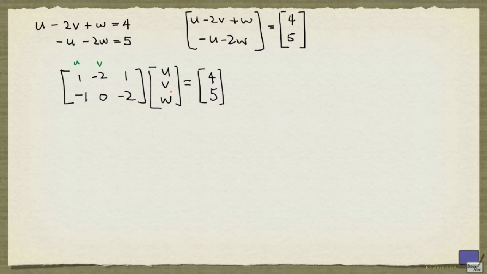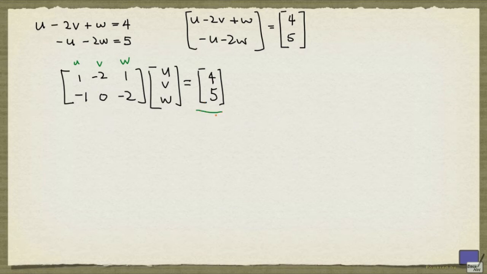And similarly, the third entry in this tuple is w, so we have the coefficients of w in the third column. As you can see, the coefficient of v is minus 2 in the first equation, so I have a minus 2 here. And in the second equation, the coefficient of v is 0, so I have a 0 here.